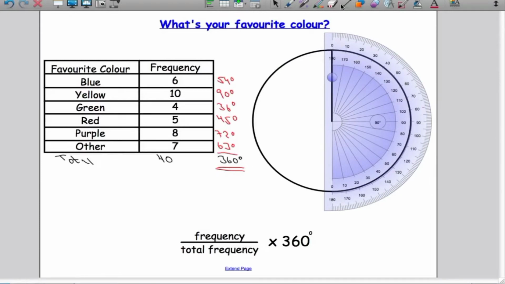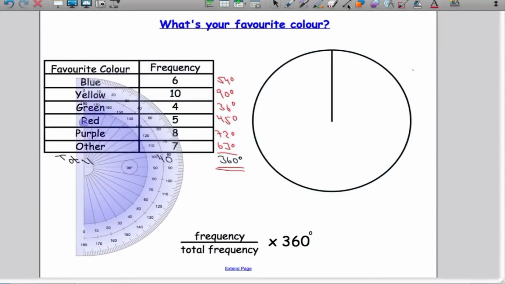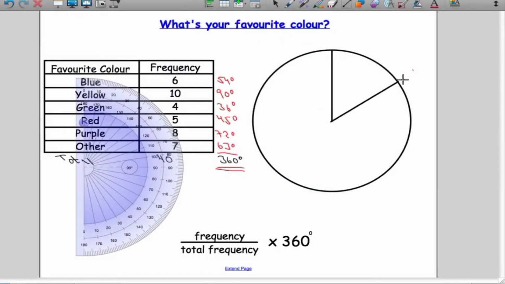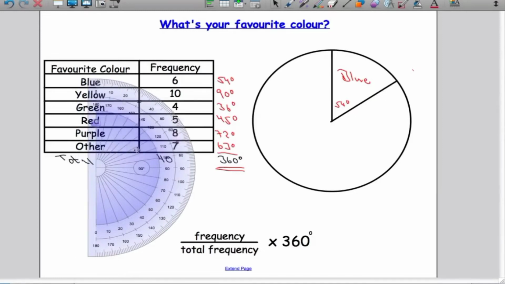So beginning with blue, which is 54 degrees, it is required that you place your compass at the radius. That is the line that was drawn in the circle. So with the aid of the compass, we can easily cut out the first degree, which is the 54 degrees for blue. So you write 54 degrees and then blue.